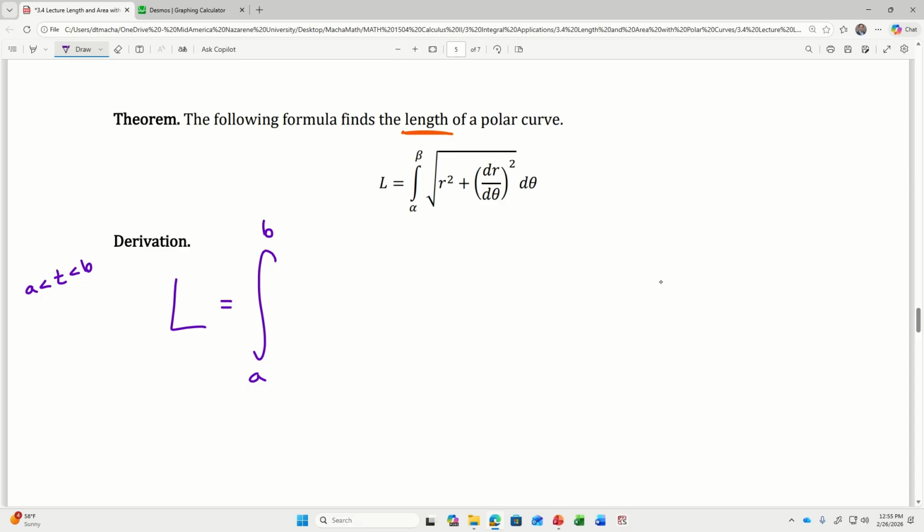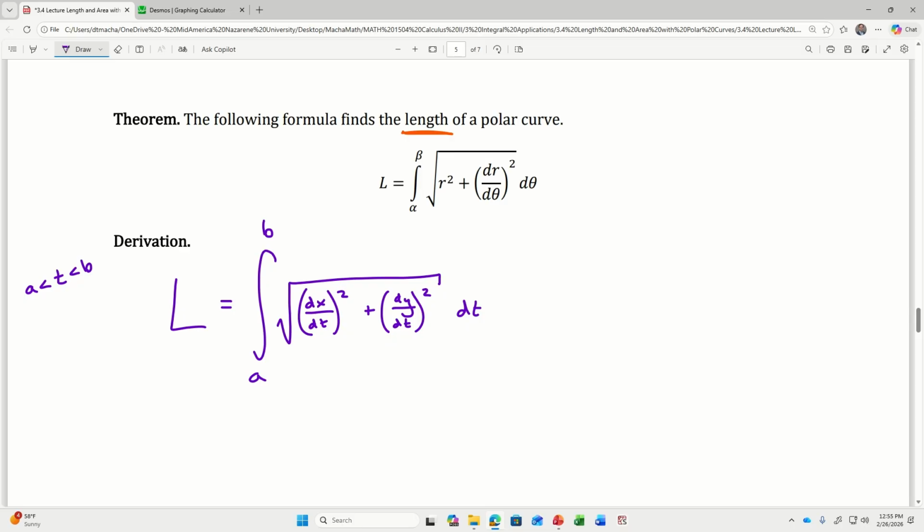So we had an integral from a to b, and the integrand looked like the square root of dx dt squared plus dy dt squared. And we integrate with respect to t.